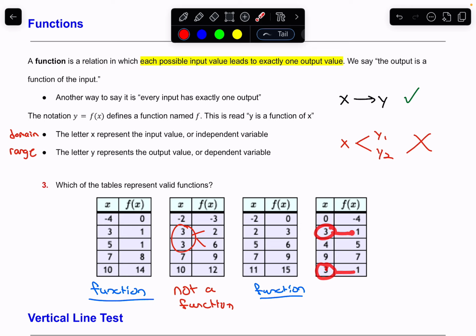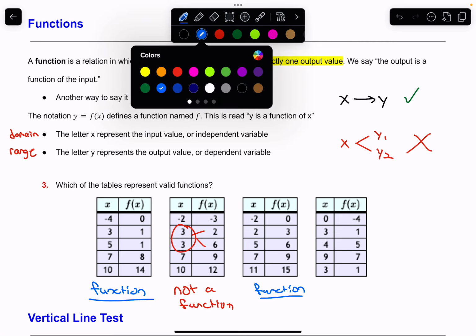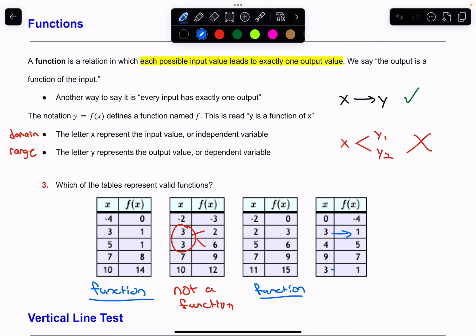X is 3, Y is 1. So this is okay. This is like saying John went to Stacy's house and John went to Stacy's house. You just said the same thing twice, but John is going to one house. John is not getting ripped in half and going to two different houses. And so this one might seem a little weird that 3 is listed twice, but because it goes to the same place, this is still a function.